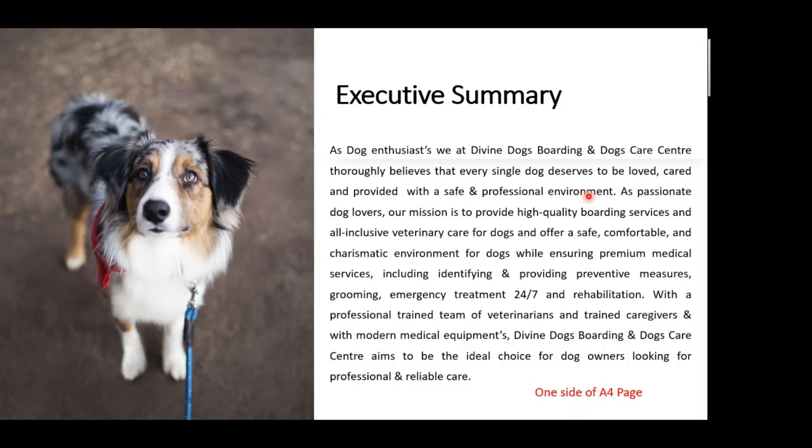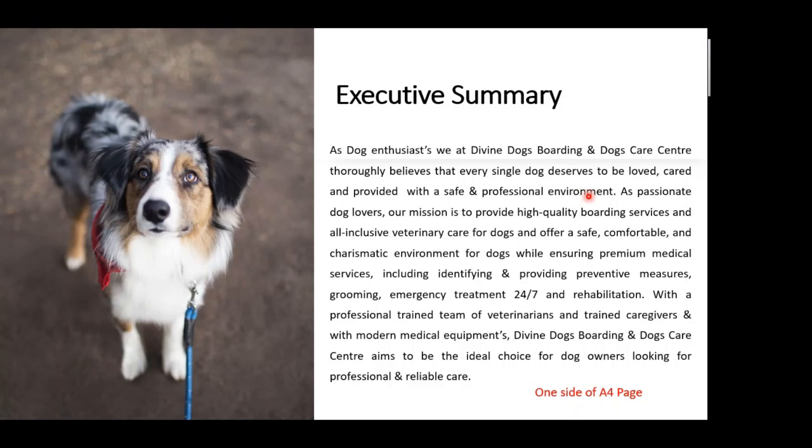So these first few sentences very clearly explain their business thought, business idea, and what they plan to do, everything. And as I told you, may I repeat, the executive summary should be limited to one side of an A4 sheet maximum, nothing more than that.